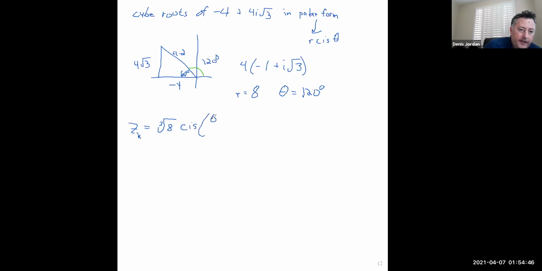You're going to take your theta, so the 120, and you're going to divide it by something. So what would you divide it by? I'll give you a hint. We're doing the cube root, so you're going to want to divide it by 3.